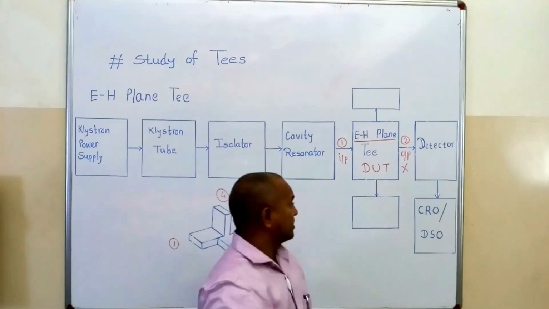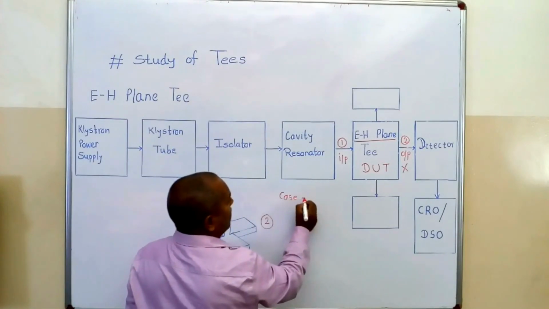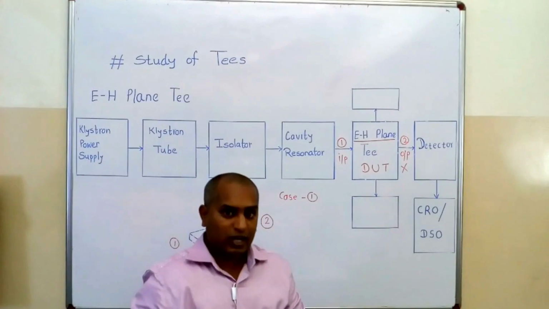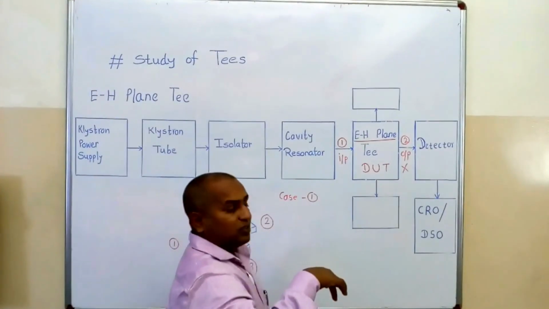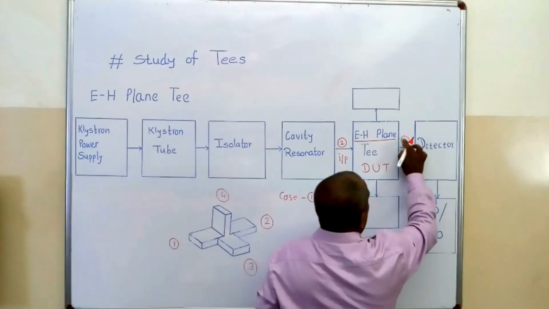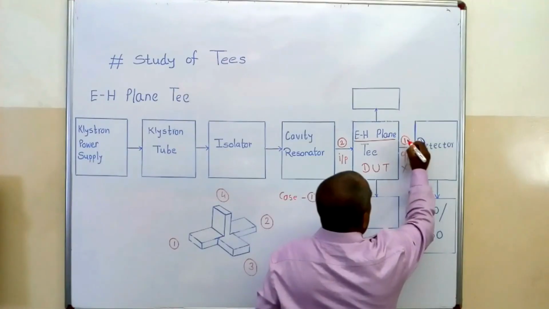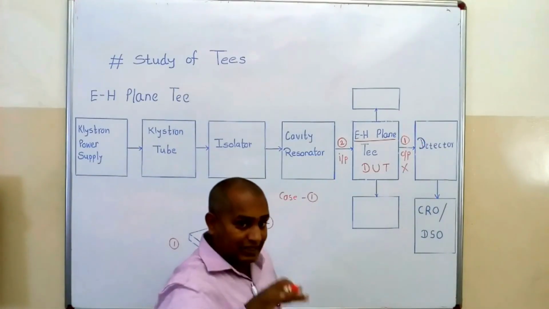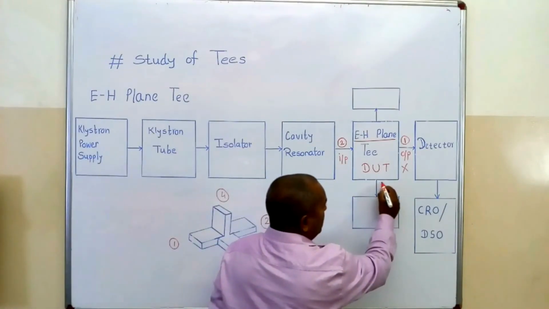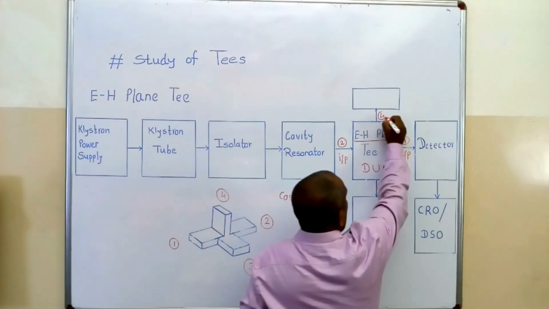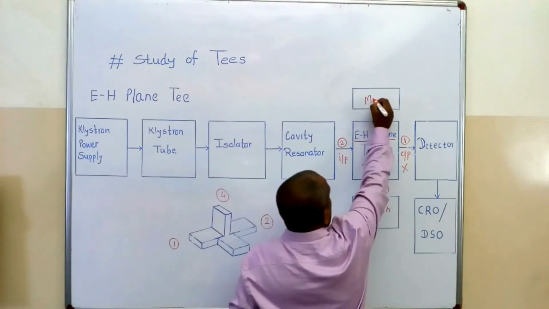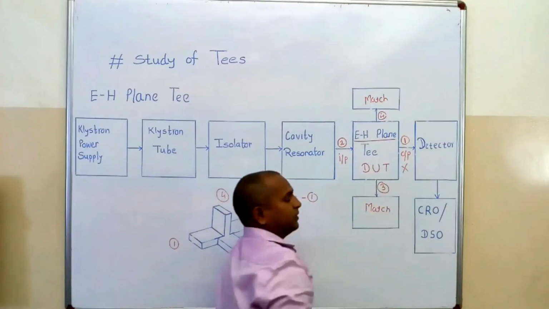Case 1 is applying the input to port number 1. The second magic is applying the input to port number 2 and measuring the output across port number 1. At that time, as in the previous case, your port numbers 3 and 4 are matched ports.